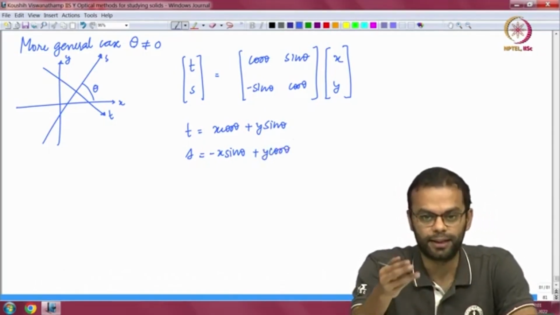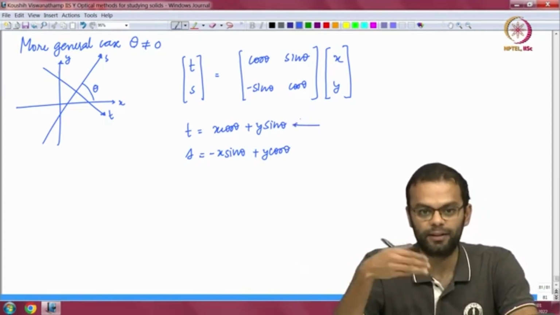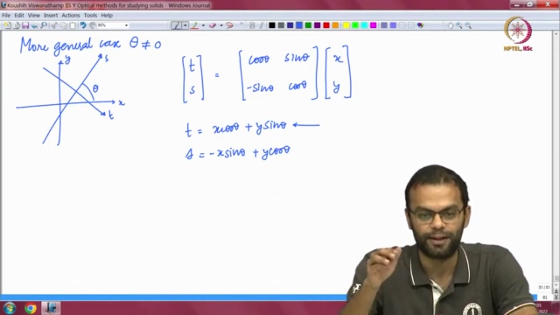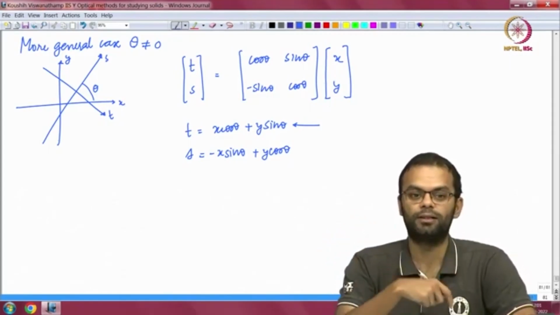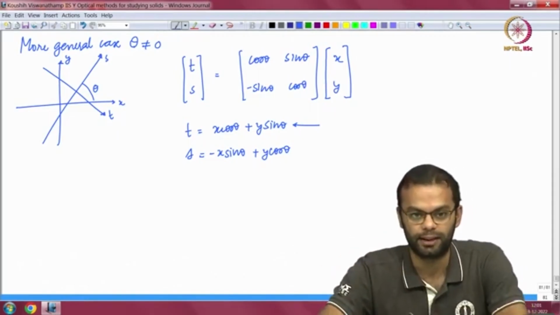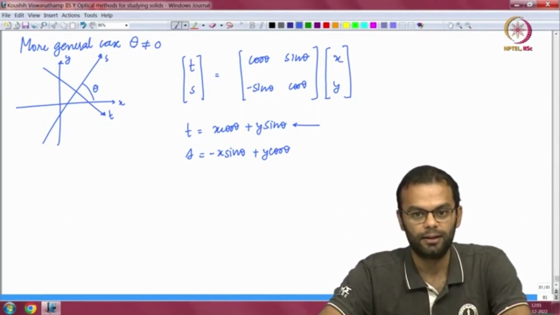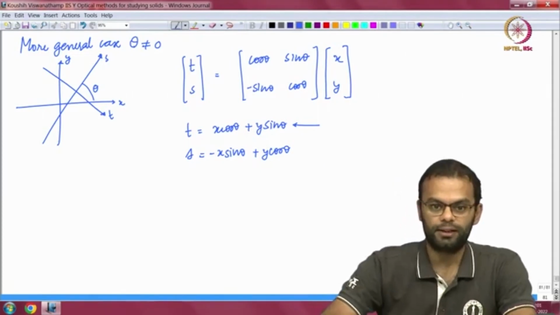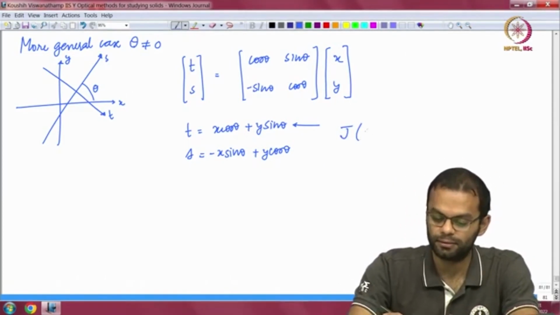This is just a coordinate change under rotation. Remember, this was the equation of a line, that is where we started from. So, it is exactly the same equation, we are only looking at it from a different point of view. Now, we are looking at it as a coordinate change, one of the coordinates in the new pair of coordinates that we are using, the t s system, in terms of the original coordinates as a function of the rotation angle theta.